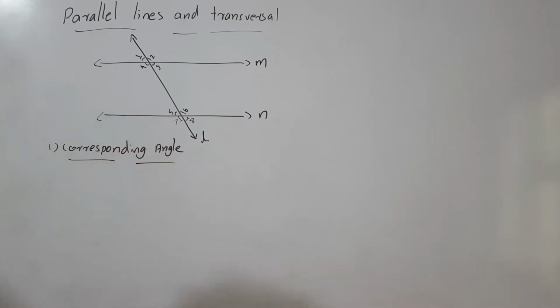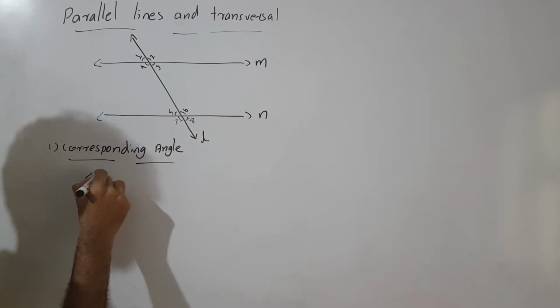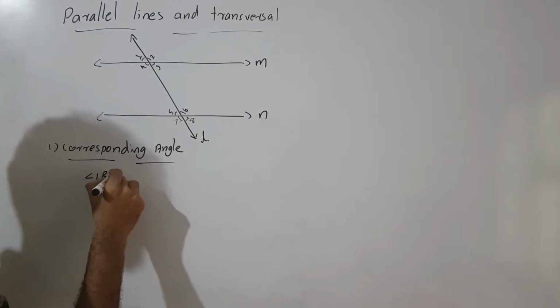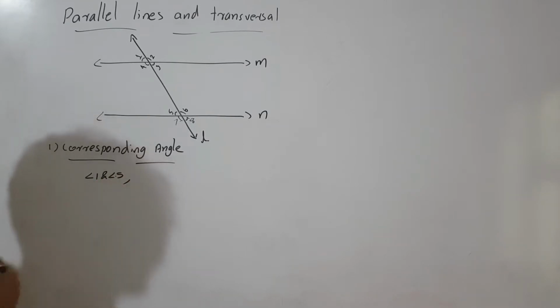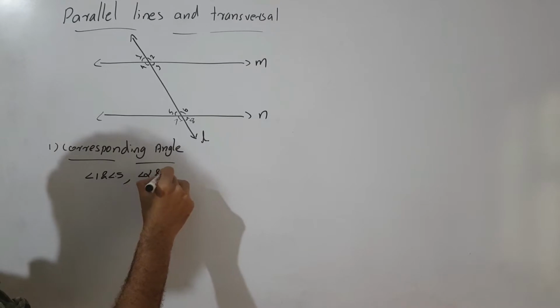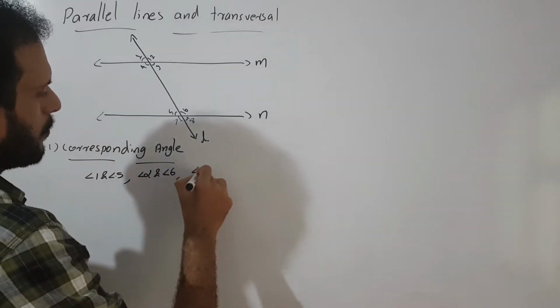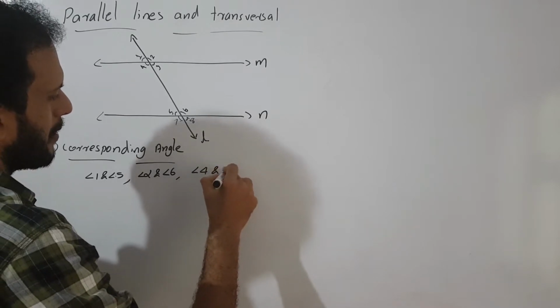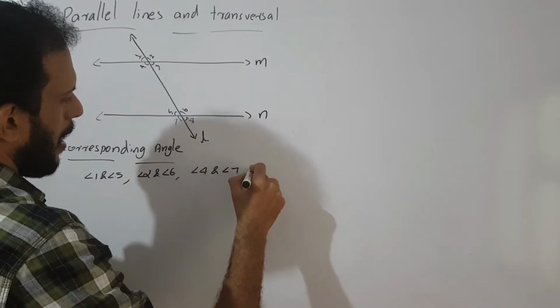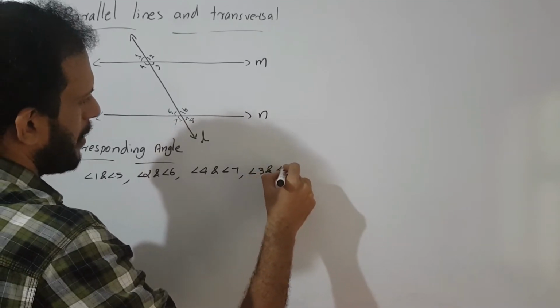What are corresponding angles? The corresponding angles are angle 1 and angle 5, angle 2 and angle 6, angle 4 and angle 7, angle 3 and angle 8.